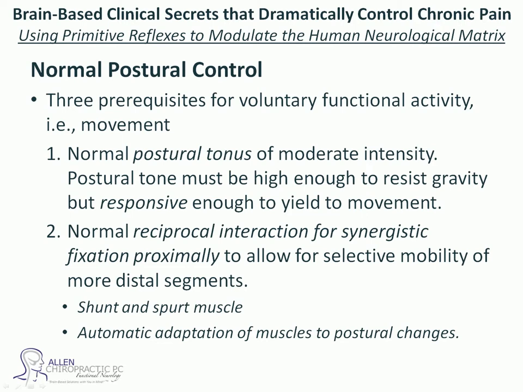Postural tone must be high enough to resist gravity but responsive enough to yield to movement. Further, normal reciprocal interactions for synergistic fixation proximally to allow for selective mobility of more distal segments, and this has to do with shunt and spurt muscle performance. Let's go back to the spinal column again.